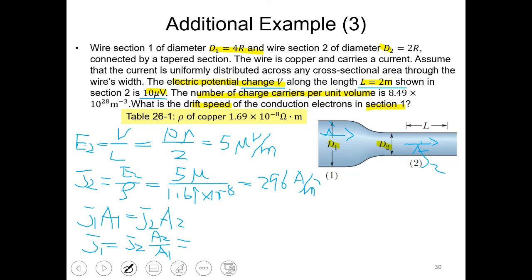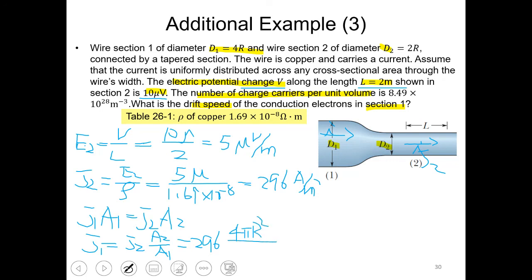So J2 is 296, A2 should be pi times 2R squared, which means that we have A2 to be 4 pi R squared.